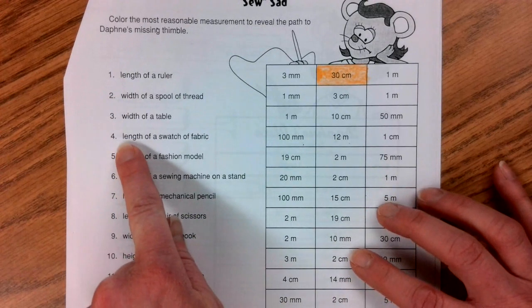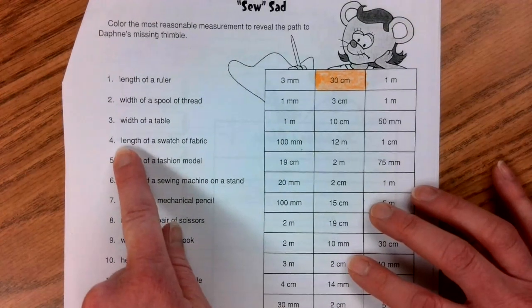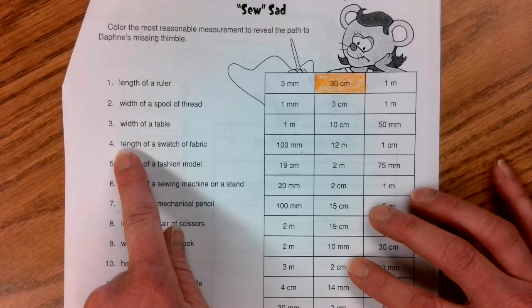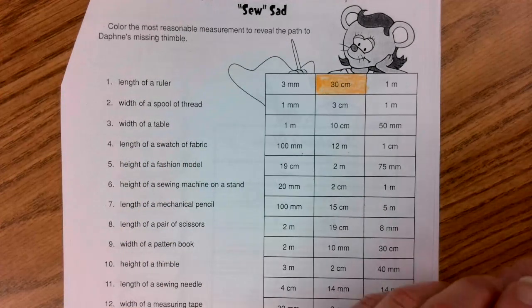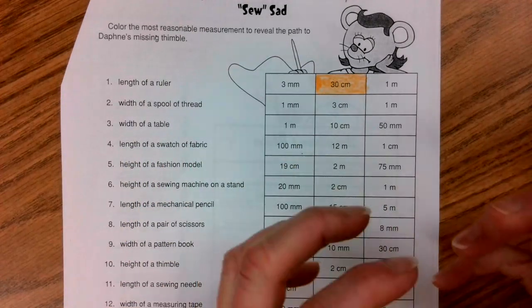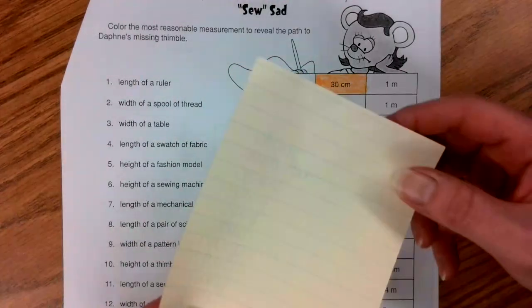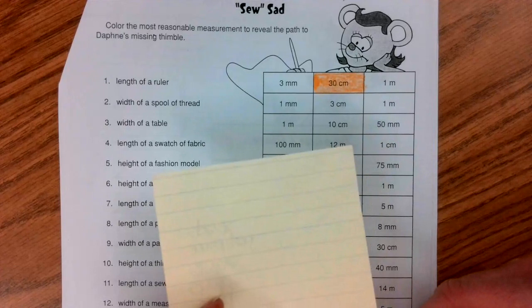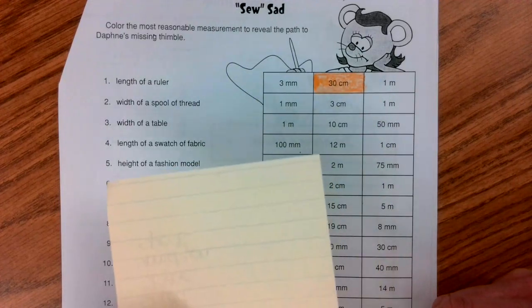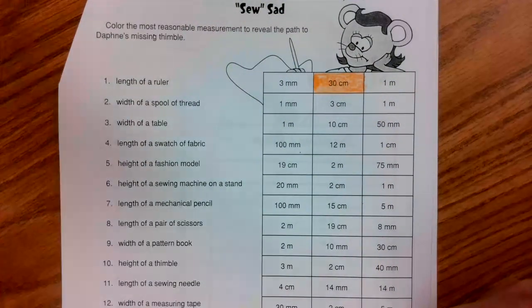I know that in the past a few kids have had trouble with 4. Number 4 says length of a swatch of fabric. A swatch of fabric is like a sample or a small piece of fabric, probably about the size of this paper. That should help you with a swatch that people can get to help figure out what matches.